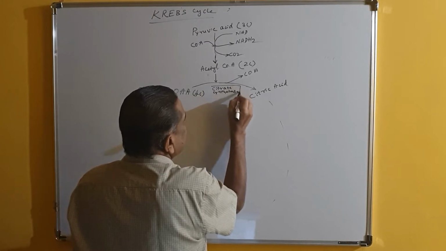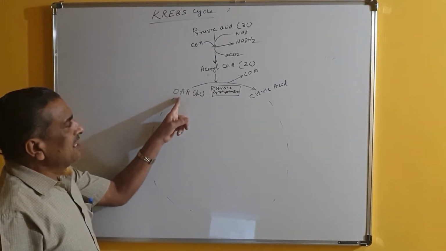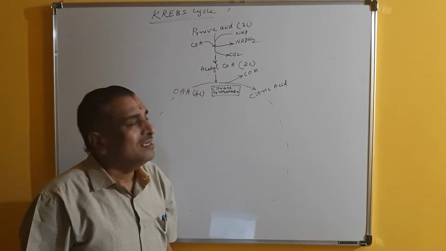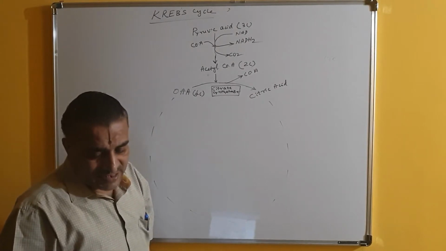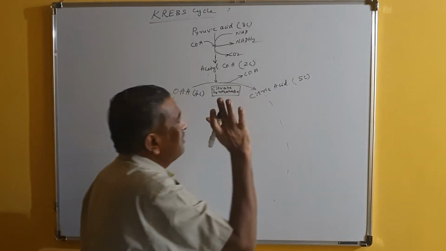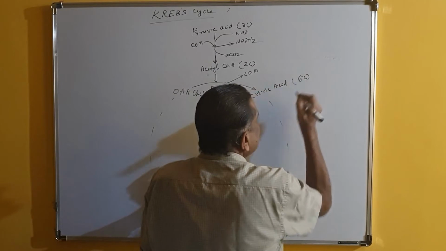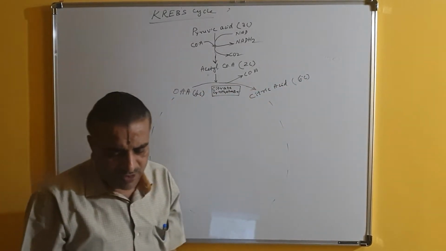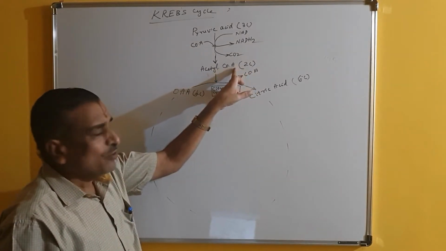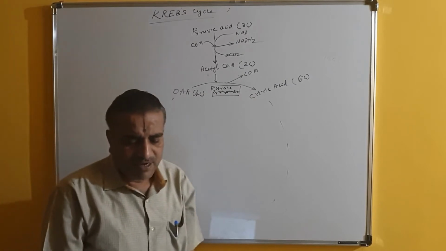The enzyme responsible for the reaction between acetyl coenzyme A and oxaloacetic acid to produce citric acid is citrate synthetase. You must be very careful here: oxaloacetic acid has 4 carbons and citric acid has 6 carbons. Please remember, this is a 6-carbon compound, a hexose molecule, because 2 carbons from acetyl coenzyme A and 4 carbons from oxaloacetic acid produce a 6-carbon compound.